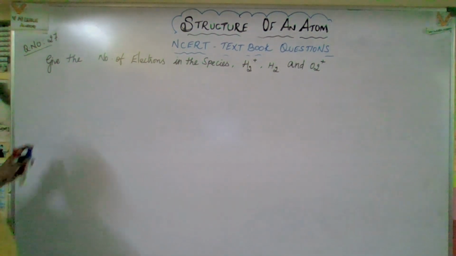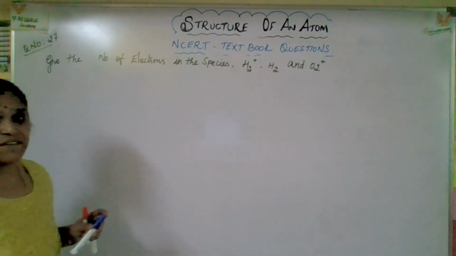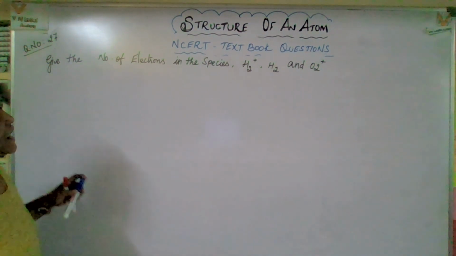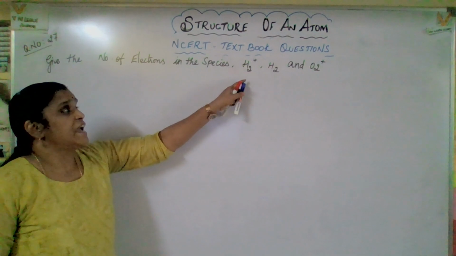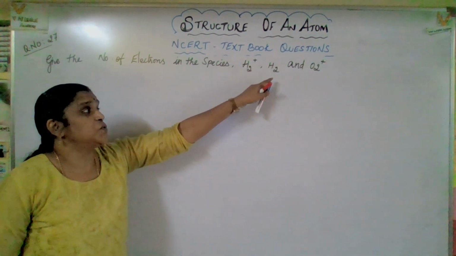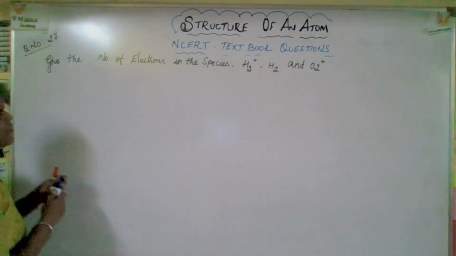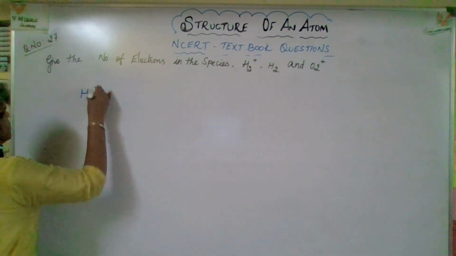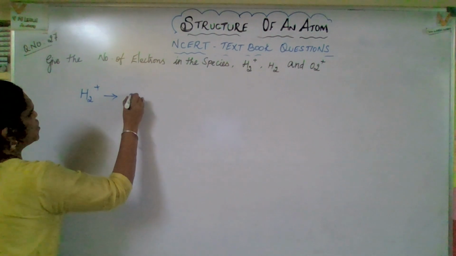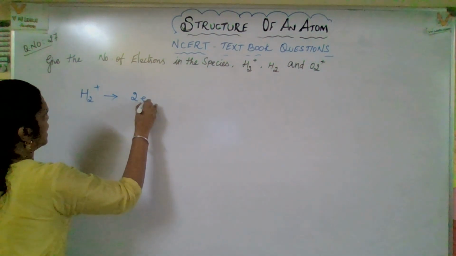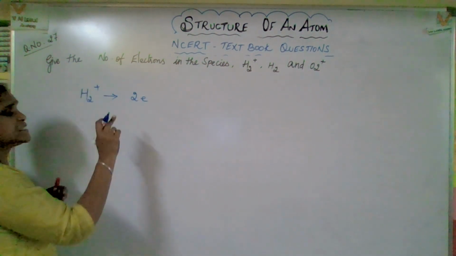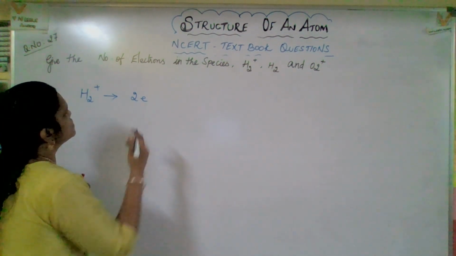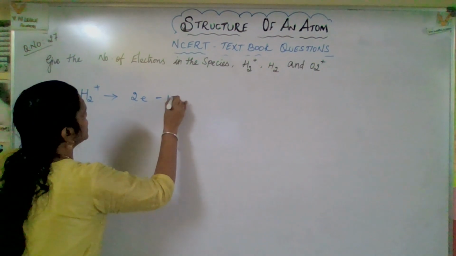Now we are going to see question number 27. Question number 27 asks, give the number of electrons in the species H2 plus, H2 and O2 plus. Okay, this is very simple. H2 plus. Here in H2, how many electrons are there? 2 electrons. And here plus means it is giving up 1 electron. So minus 1 electron.